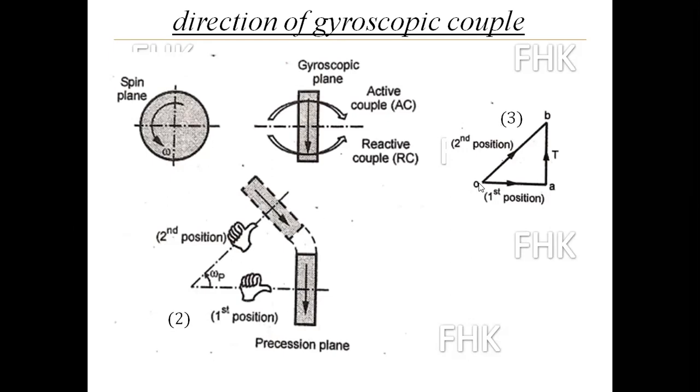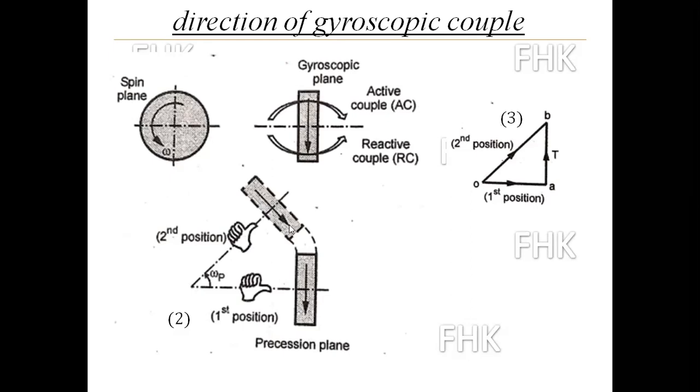So we have to find out the direction of the vector in the second position. OB: this is O and B is the second position. Now again by the right hand thumb rule, the tip of the curling finger is showing the direction of spinning of the disc. The arrow is showing again a downward direction, as here also.